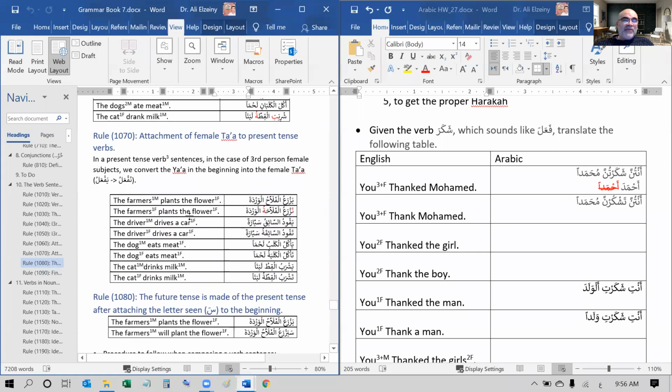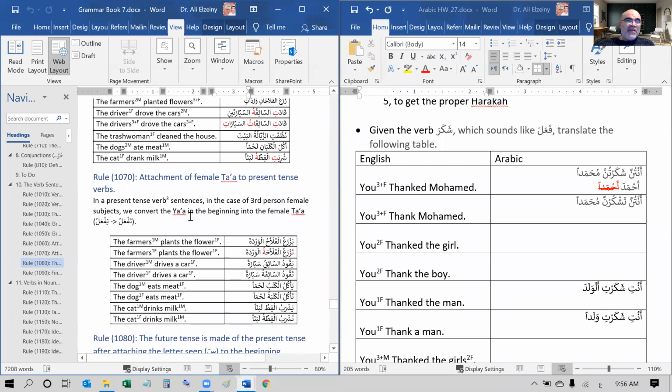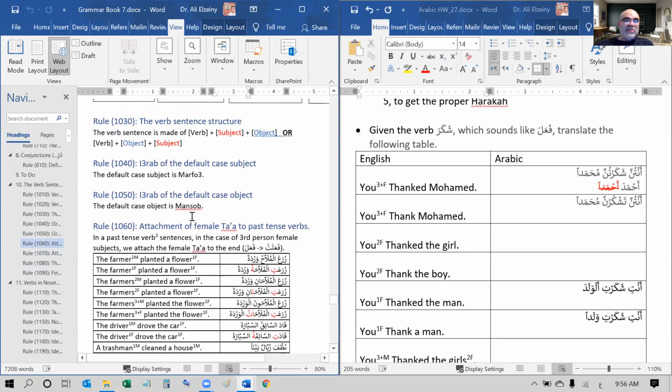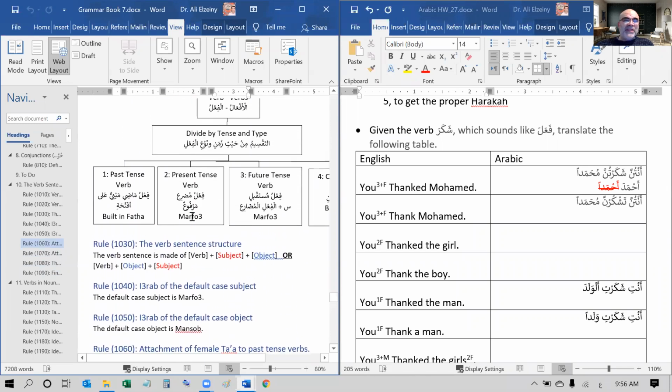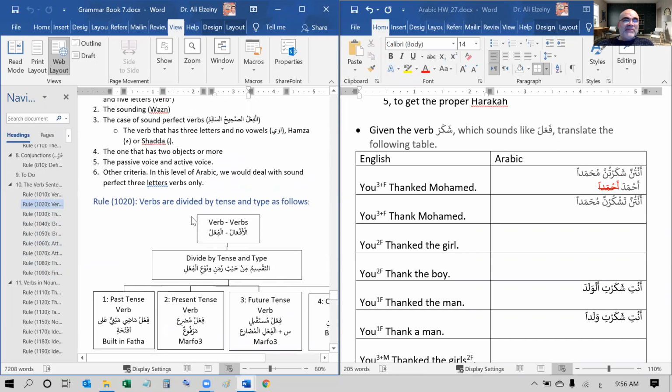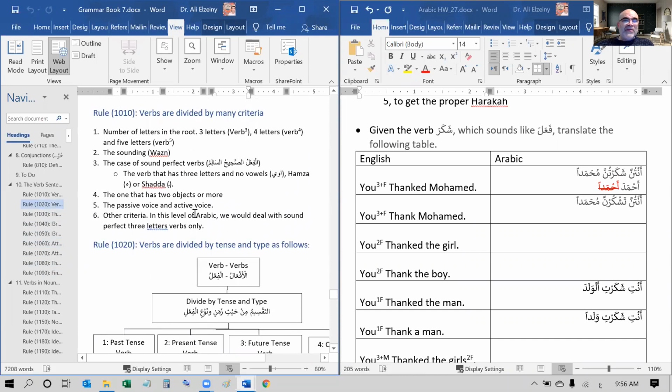For the other types of verbs, we don't deal with them in this course. To make the course easy, we just pick 3 letters. You can have 4 letters.